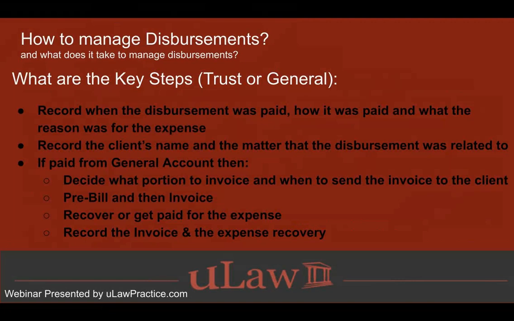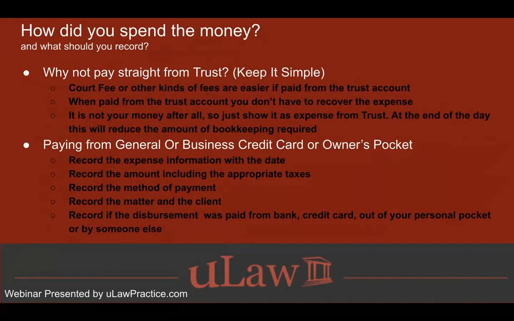And it is definitely going to begin with following your bank, making note of the transaction type, description, reference number, amount, whether you are charging your client a different portion, whether you're invoicing them a different amount with a profit motive. This is possible only if you're using a general account to pay that specific disbursement, or of course business credit card and owner's pocket, non-trust disbursement basically.